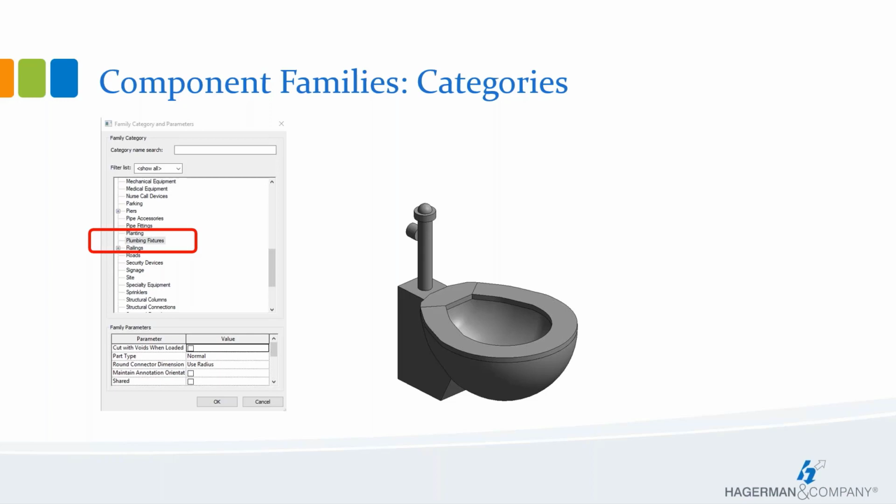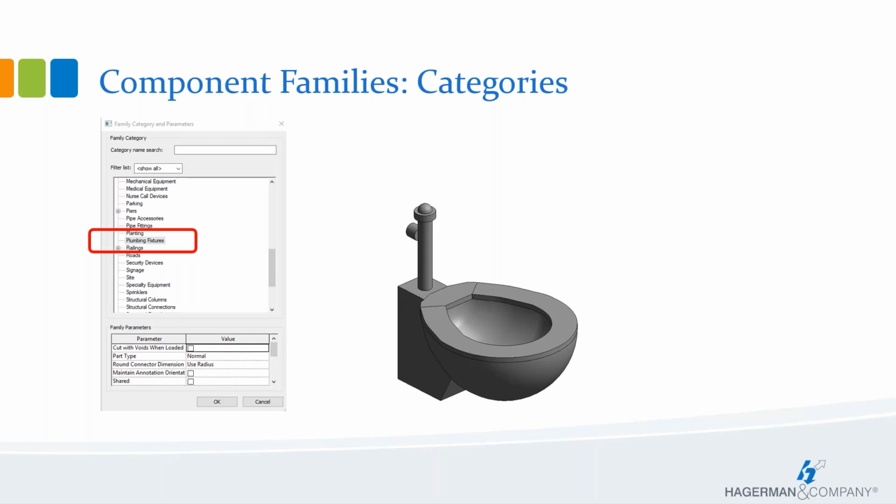Now, the reason this is so important is because I can globally control things like visibility, scheduling, tagging, and material takeoffs based on the overall category that the elements are assigned to. So I can globally control the way all of my lighting fixtures appear and things like that.